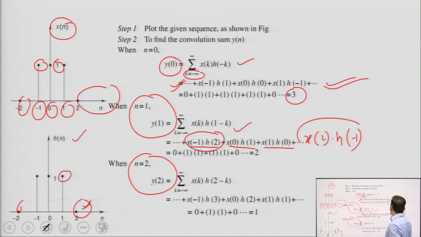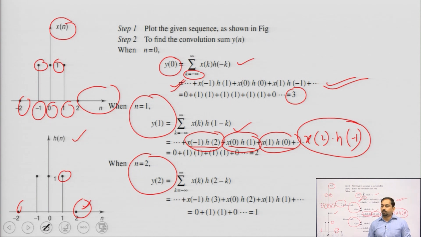Similarly, over here x of 2, again as per the given question x of n is 0, so this term is also 0. So, we are getting output only corresponding to these two terms. We put the values and we get output equal to 2.